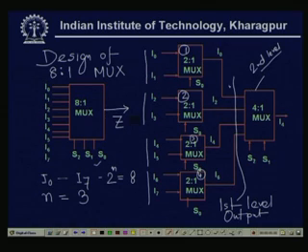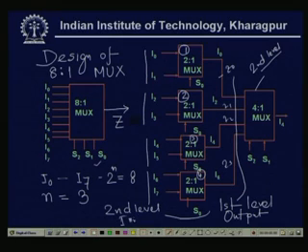Now, these first level outputs are Z0, Z1, Z2, Z3, and they are treated as the second level inputs.